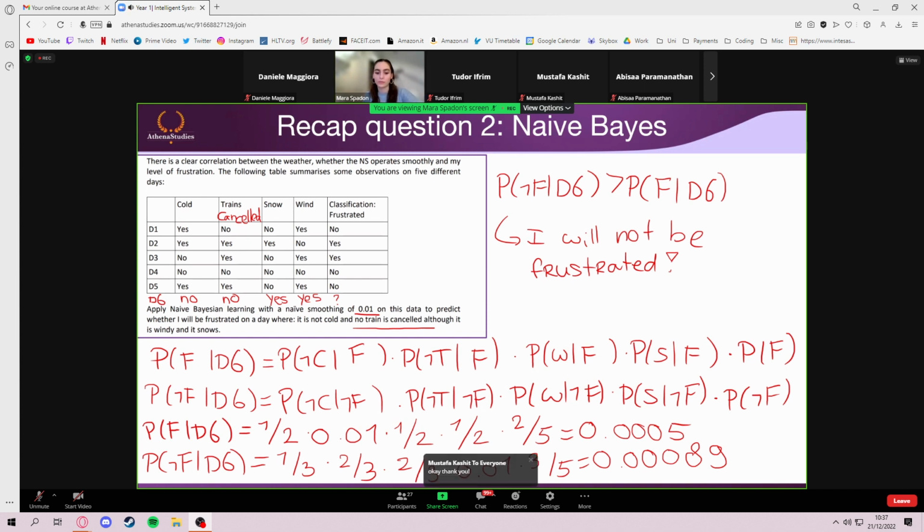But if I understand correctly, the probability of frustrated given d6 is 0.005. Mhm. And the probability of not frustrated given d6 is 0.00089. Mm-hmm. But frustrated is bigger, right? Well, if you compare the values, which one is bigger, 5 or 8?